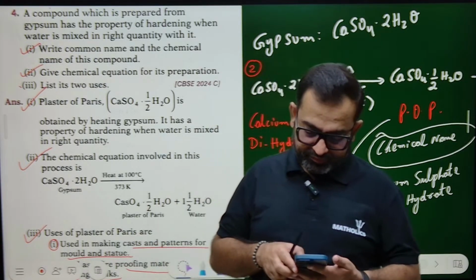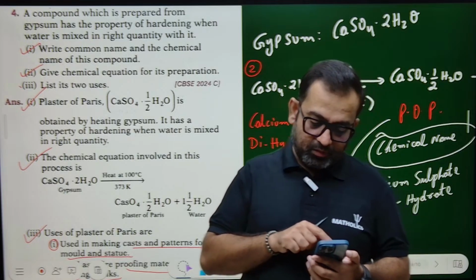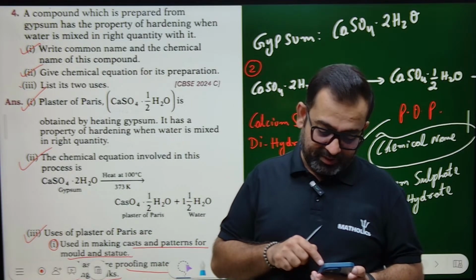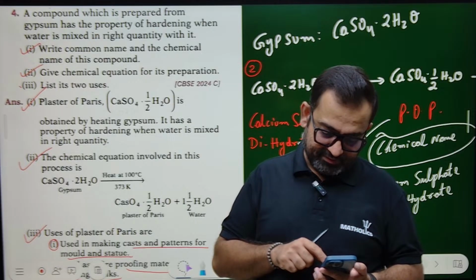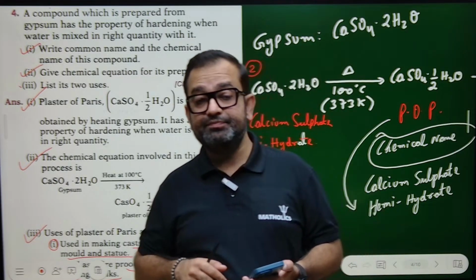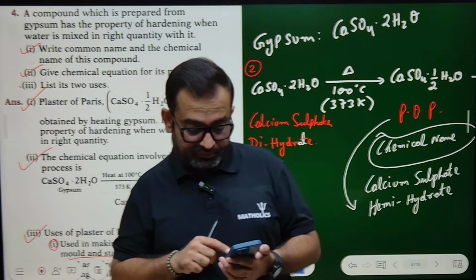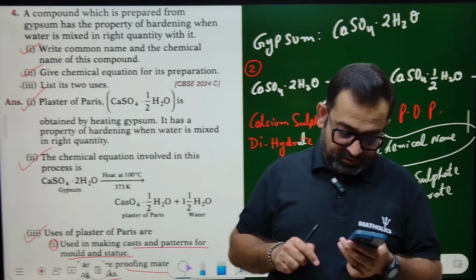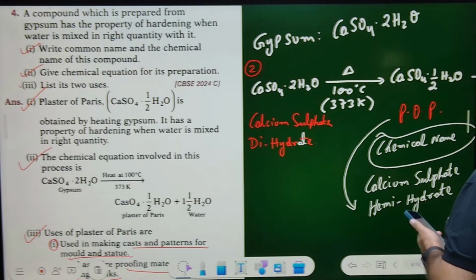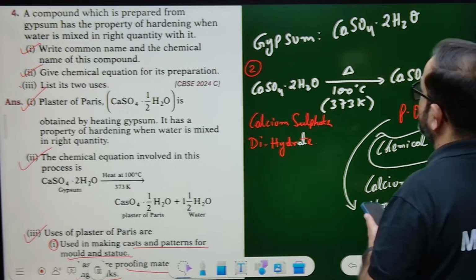Anyone? Yes, you have to remember. That's why I'm asking. Formula for gypsum. CaSO4, yes, CaSO4 dot half H2O.